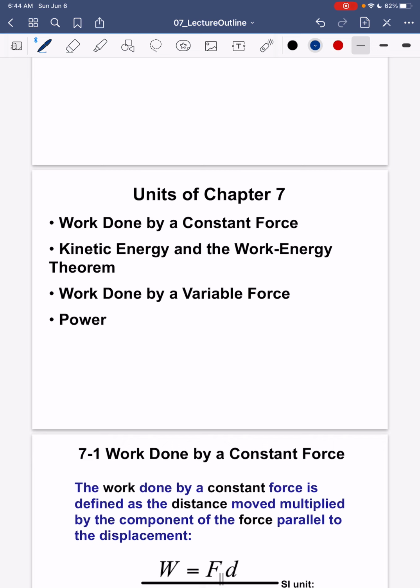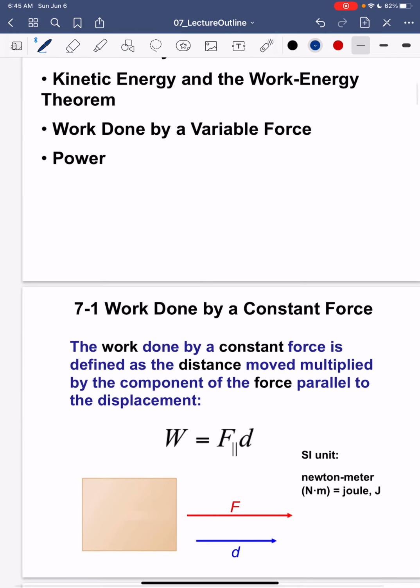And using kinematic equations, we will develop a work-energy theorem that we will use in this chapter. And then we're going to move on and ask, what if my force is not constant? It is variable. How can I calculate the work done? And then finally, we're going to calculate power.